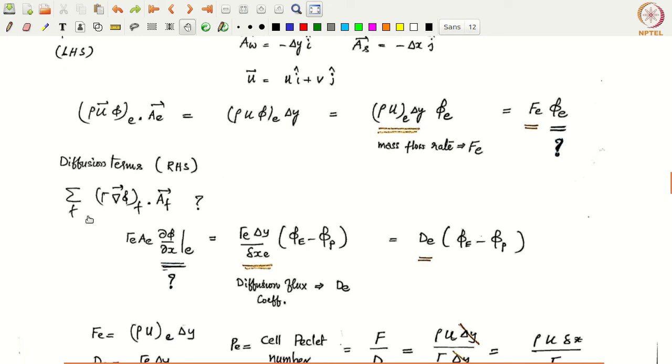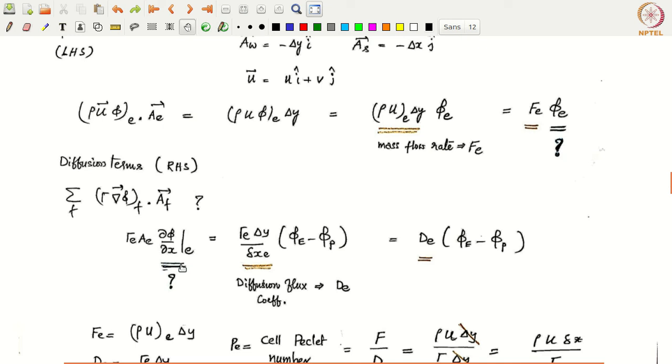For the east face, this would come out to be delta y i cap. This has 2 components, so the only component that survives is partial phi partial x, right? So this will be gamma e Ae partial phi partial x on the east face. Now how do we calculate partial phi partial x on the east face? Using linear profile assumption, right?